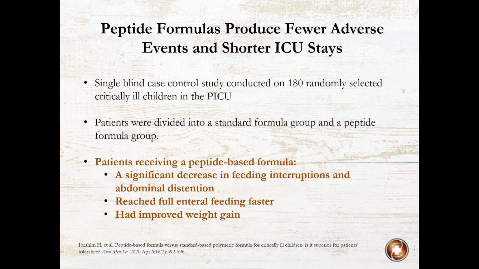So in this study, we're looking at critically ill children in the PICU, and they were divided into standard formula group, peptide formula group. So we saw significant decrease in feeding interruptions and abdominal distension in the group that was with the peptide formulas.